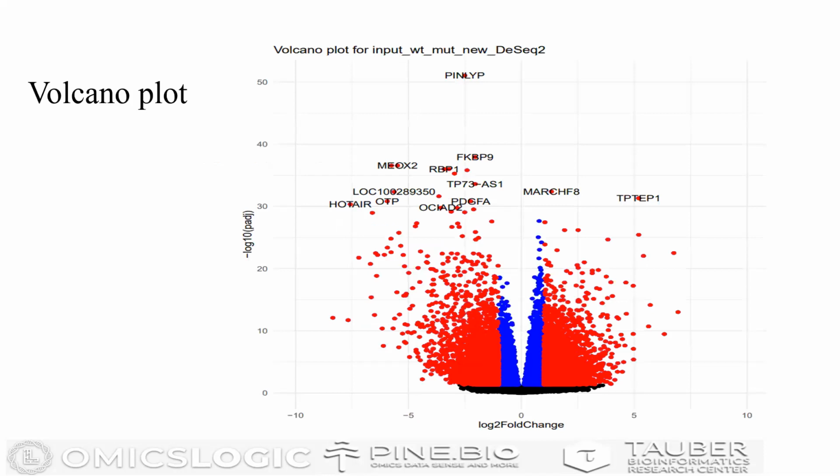This is the volcano plot, usually done under two conditions: the adjusted p-value on the y-axis versus log2 fold change on the x-axis, which results in depicting significant differentially expressed genes. The blue area represents significant genes, whereas the red area represents significant differentially expressed genes. Genes which have a negative log2 fold change value will be considered downregulated, whereas a positive log2 fold change value is considered upregulated genes.